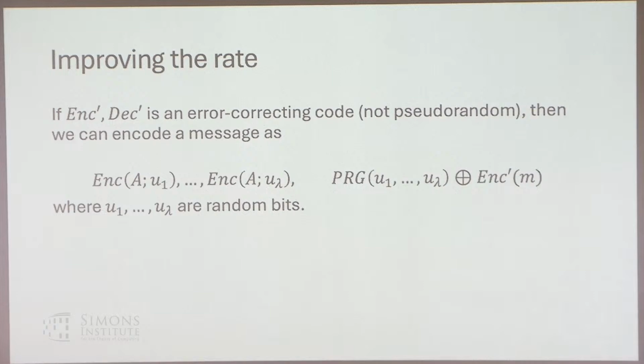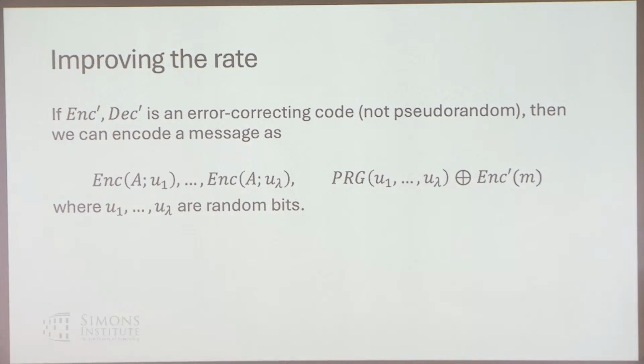Okay, so what I've shown you so far only lets you encode 1 bit, but I promised you that we could encode longer messages. There is actually a way to do this that is more efficient in terms of the rate than just concatenating these 1-bit code words. You can sample lambda random bits, U1 through U lambda, and use concatenated 1-bit code words to encode these bits.